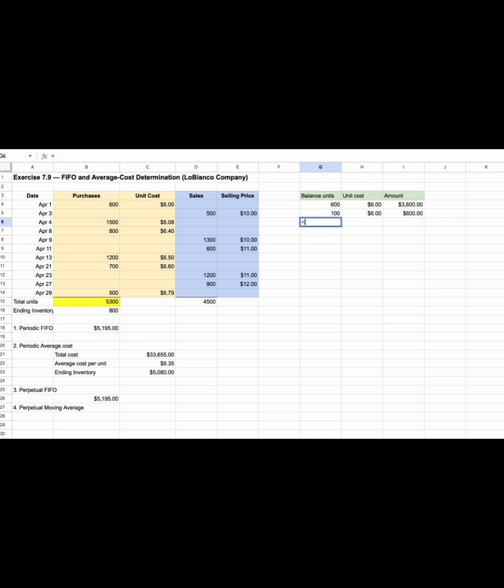By the end of April, after all purchases and sales, the final average cost per unit is $6.40, giving an ending inventory of $5,334. So unlike periodic average cost, which uses one overall average at the end of the period, the perpetual moving average method continuously updates the cost with every new purchase.